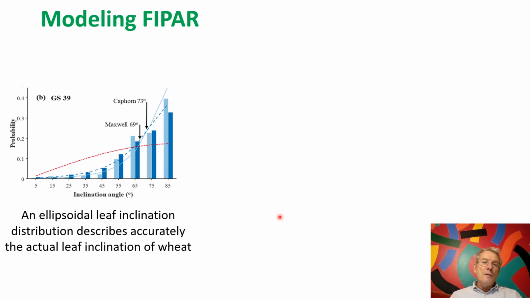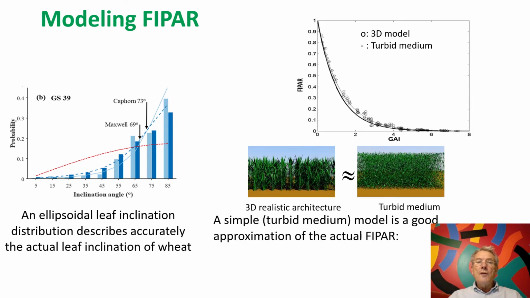When we measure precisely the distribution of the inclination of the different elements, these distributions follow what we call an ellipsoidal distribution, a distribution of the facets over an ellipsoid of revolution. So with a single parameter, the average inclination angle, we can describe the whole distribution of the elements.